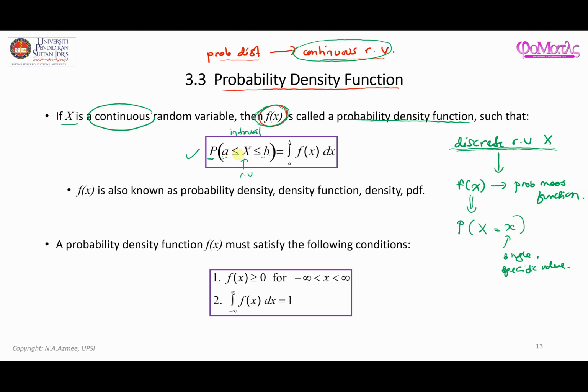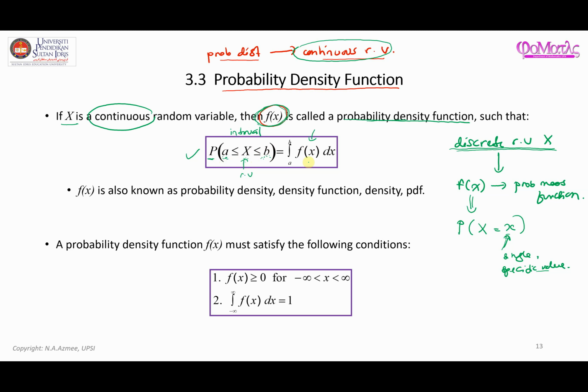Notice that the difference from the discrete case is that there we are talking about one single value. But for this one, x is between a and b. So in order to find the probability of the random variable x being between two numbers, we can apply the integration process.